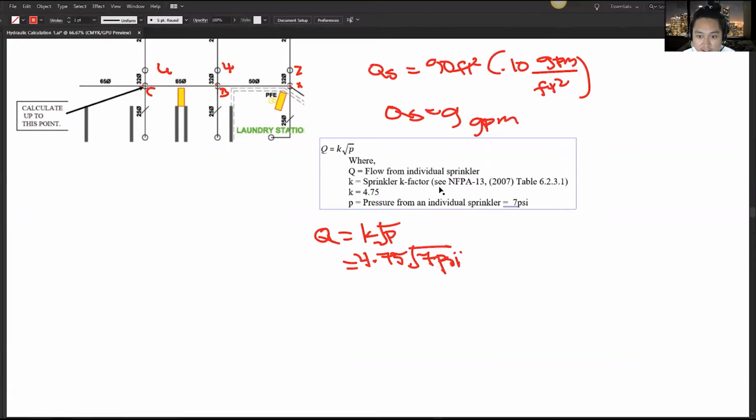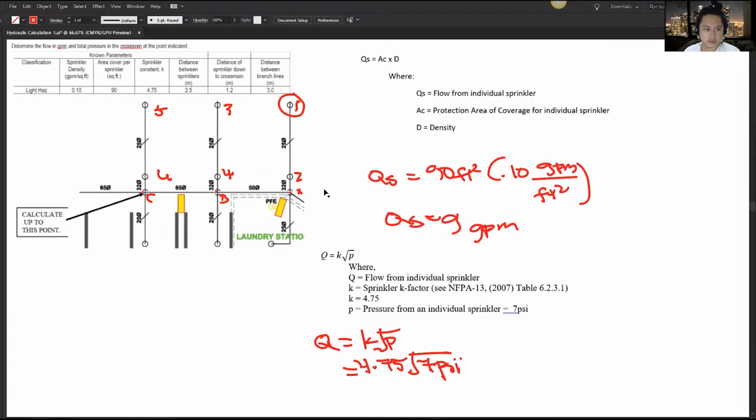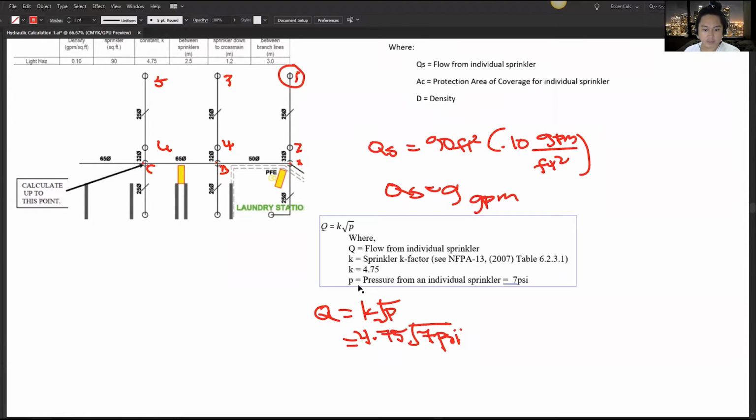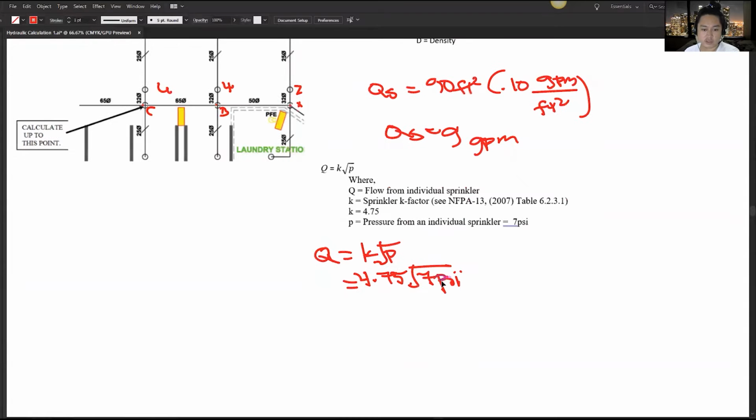The sprinkler factor K you can find in this table in NFPA 13 2007, but you can also look at the manufacturer's technical data for sprinklers. The K is 4.75, as given here, and the pressure is equal to 7 psi, the pressure at an individual sprinkler.